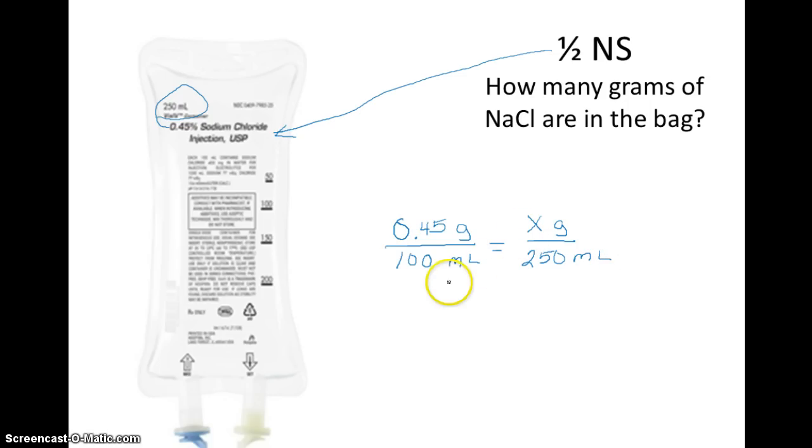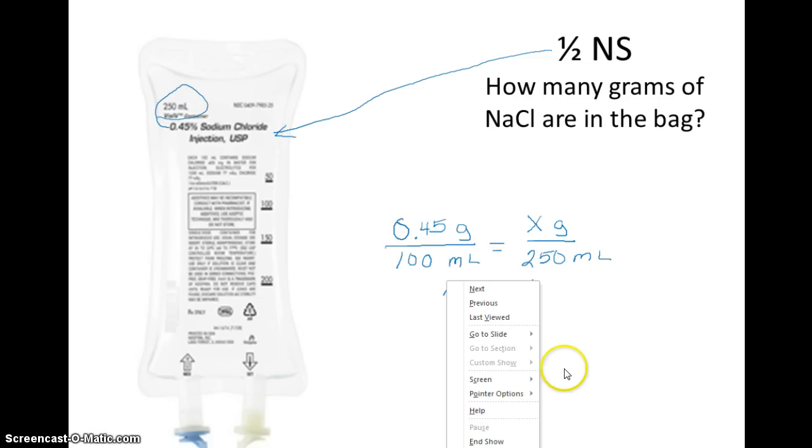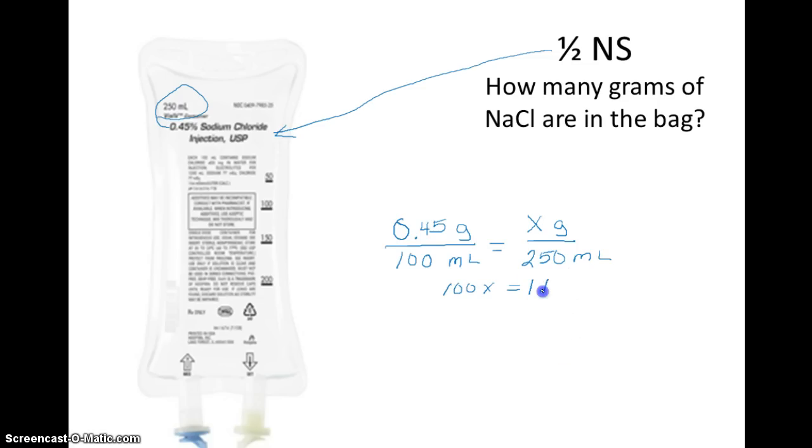I cross multiply. 100x is equal to 0.45 times 250, and I had to do that on my calculator. Got 112.5, and divide both sides by 100, and I get x is 1.125 grams. I get my grams from my proportion, and I was solving for sodium chloride.